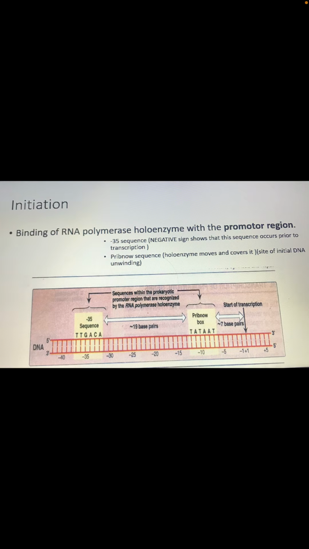These promoter regions are the consensus sequences or conserved sequences present near the start of the transcription sites. There are two types of promoter regions present in prokaryotic cells. These are known as -35 sequences and Pribnow sequences. -35 means these sequences are going to be present at the negative site, or prior to the start site of the transcription.